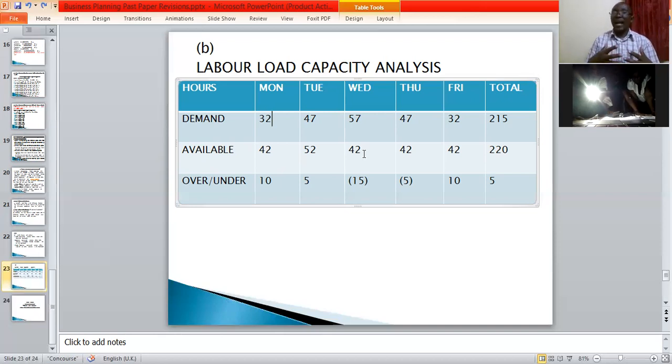But the most ideal thing is to move work rather than moving workers. Because if these workers have made a team, they work their 42, and you get some of the members from this group and take them here, you are likely to affect the morale and the team coordination.